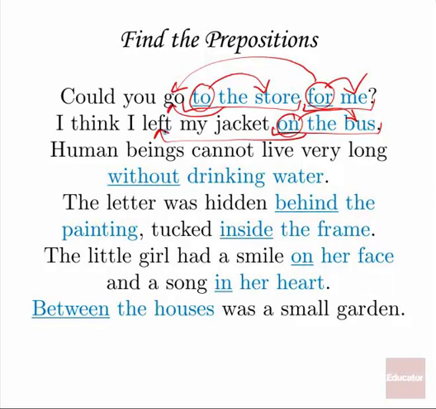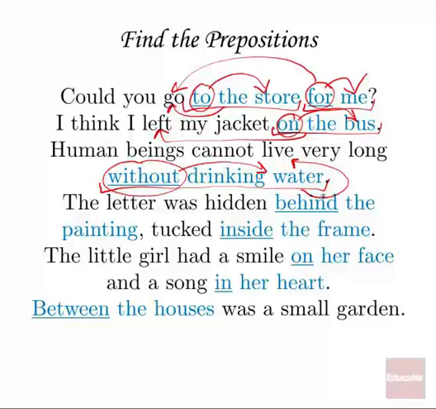Human beings cannot live very long without drinking water. How can they not live very long? Without drinking water. So it modifies the verb live. The letter was hidden behind the painting. Modifying hidden.